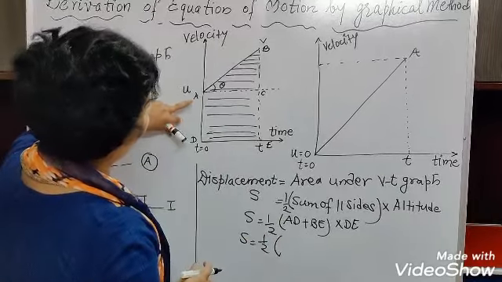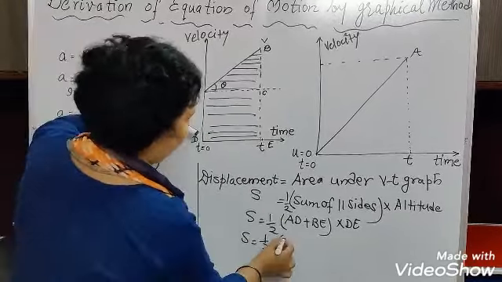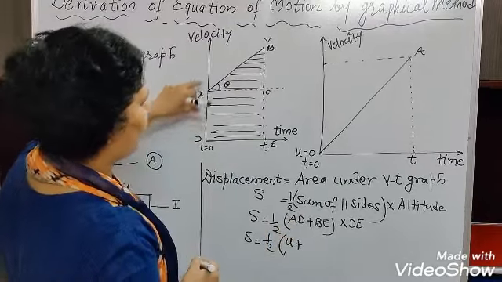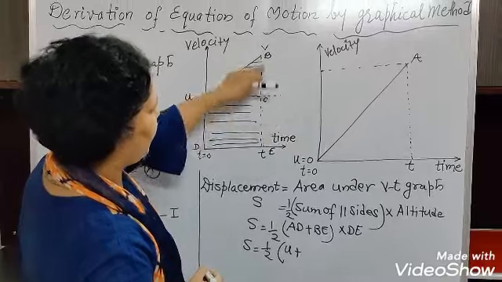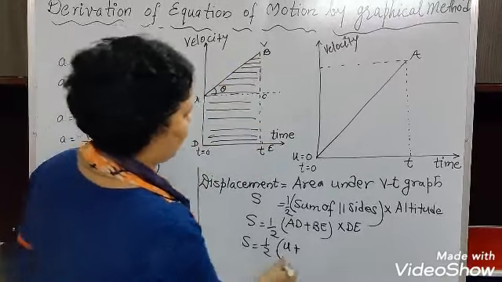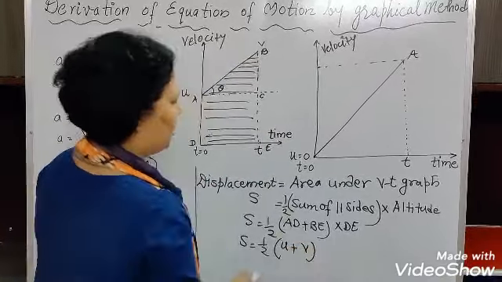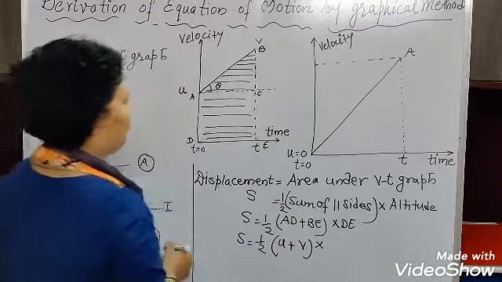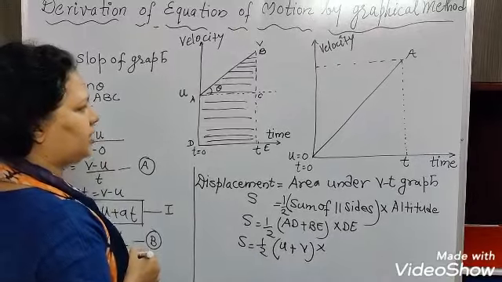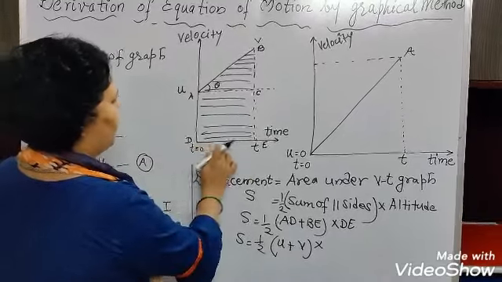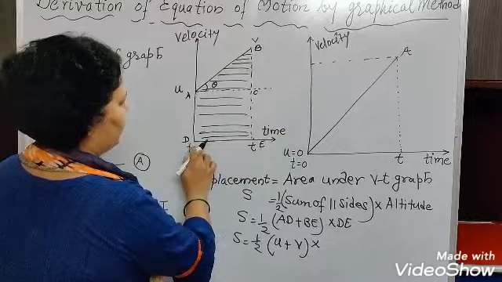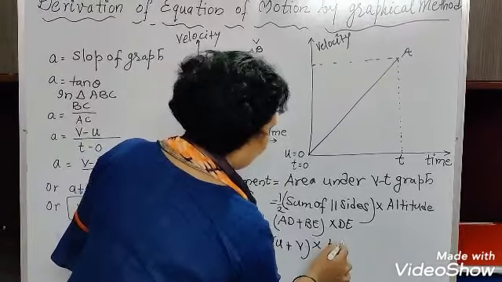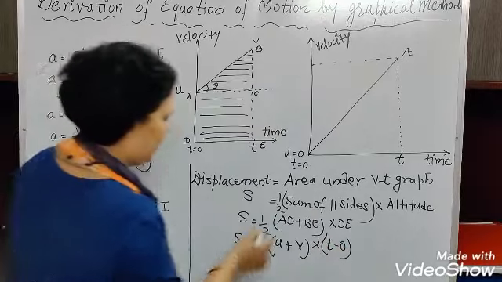AD is the value of u, the initial velocity, and BE is equal to v. Then DE is t minus 0, which is time, so simply t.